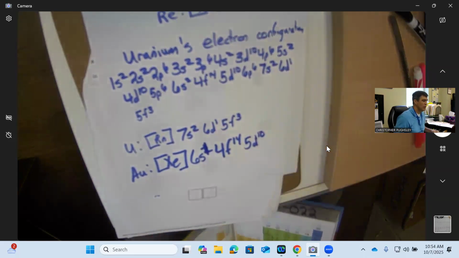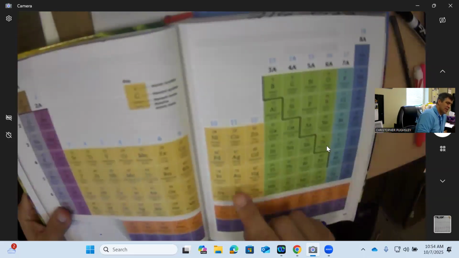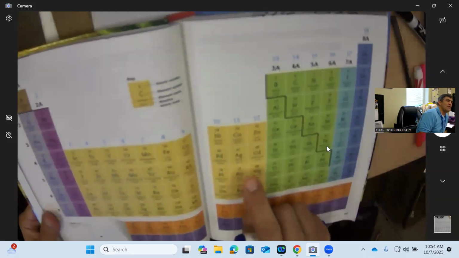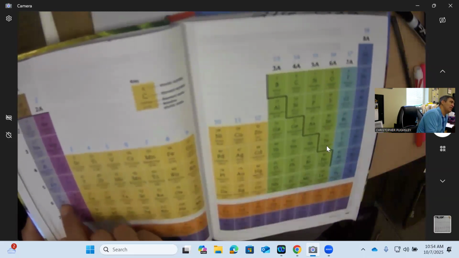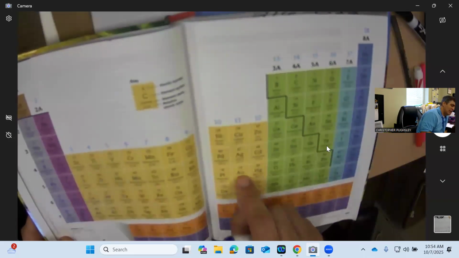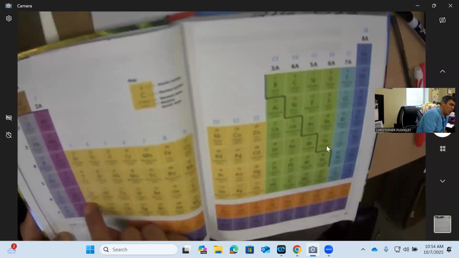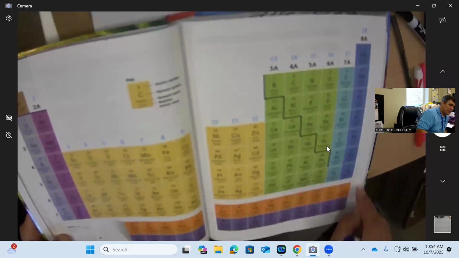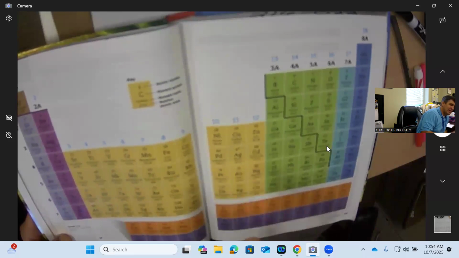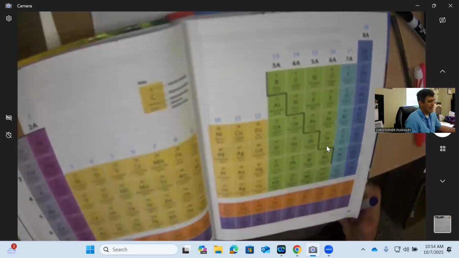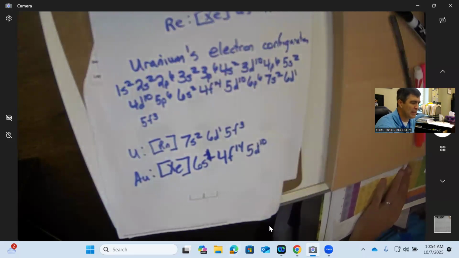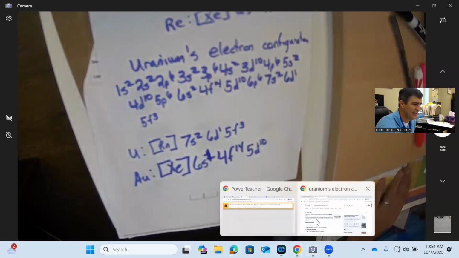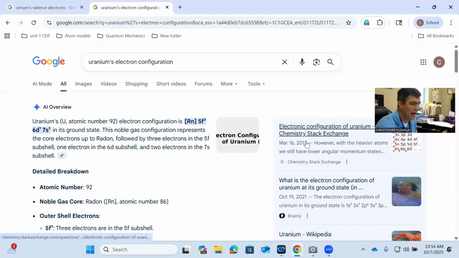Reason being, this one is so close to being full, so it takes one of the electrons from the higher energy level, the s. And so it becomes 6s1, 4f14, 5d10. And again, if you don't believe me, we can look it up and we can see that that is the case here.